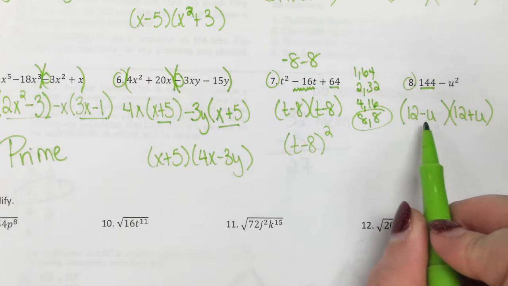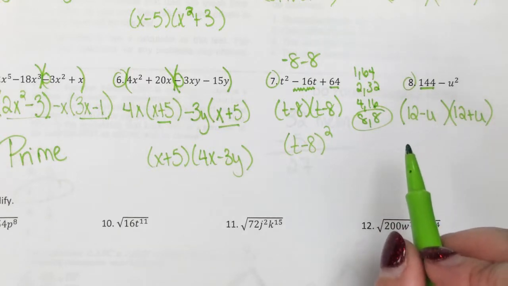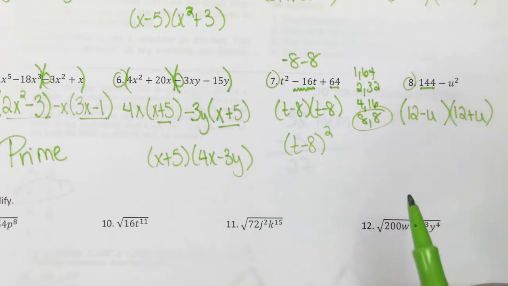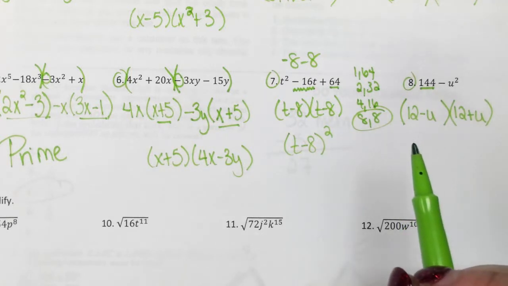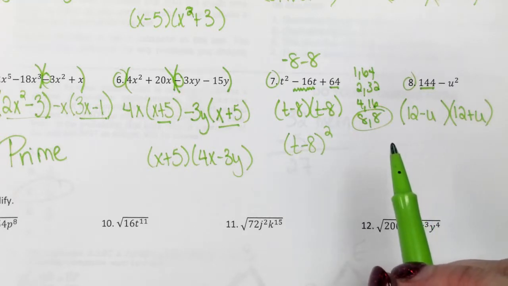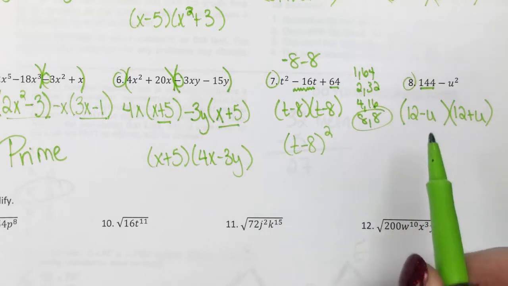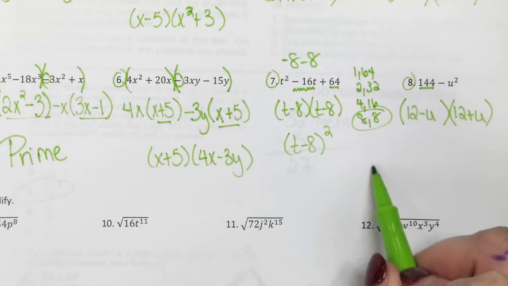Why did I have to put these in that order this time? Why couldn't I switch them around and say u minus 12 and u plus 12? Because give me a number, any number. 7 minus 3.